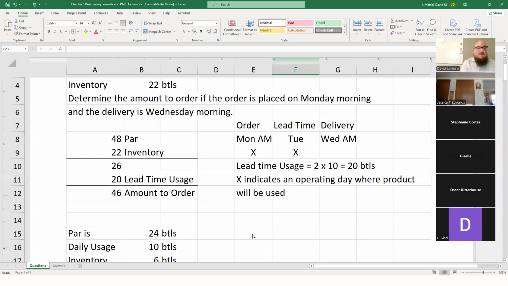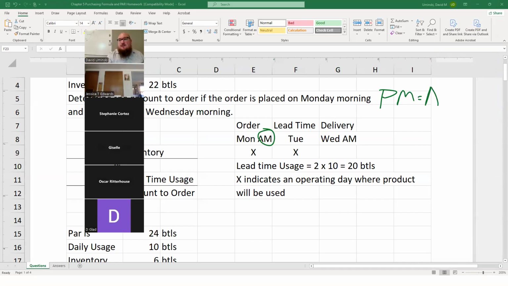When we use this term AM, it means before we open to the public. When I use the term PM or evening, PM is equal to after closing. And that'll come into play here in just a second.